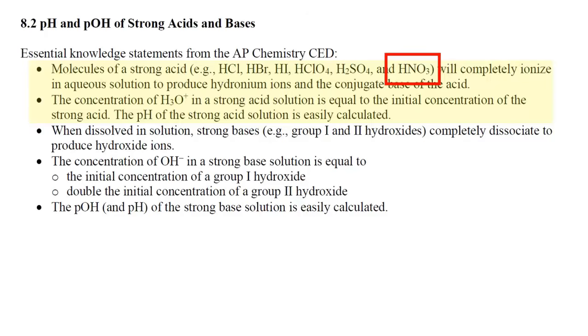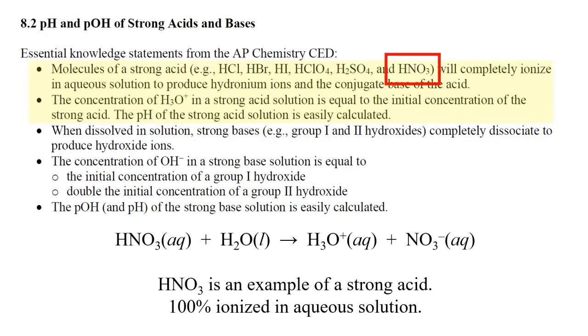And so one of those examples is HNO3, nitric acid. The fact that it's a strong acid means it is 100% or completely ionized in aqueous solution. So if we know the concentration of this strong acid, then that is the same as the concentration of the hydronium ion in aqueous solution.